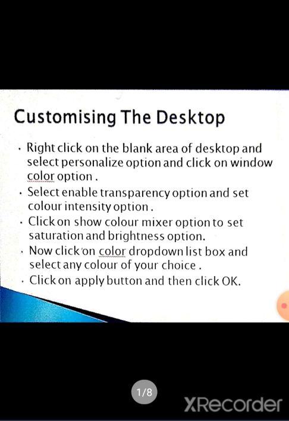When you click on the window color option, select any color to change the window border and then the start menu and taskbar. Then select the enable transparency option. After selecting the enable transparency option, the window glass border, the start menu and the taskbar will become transparent.